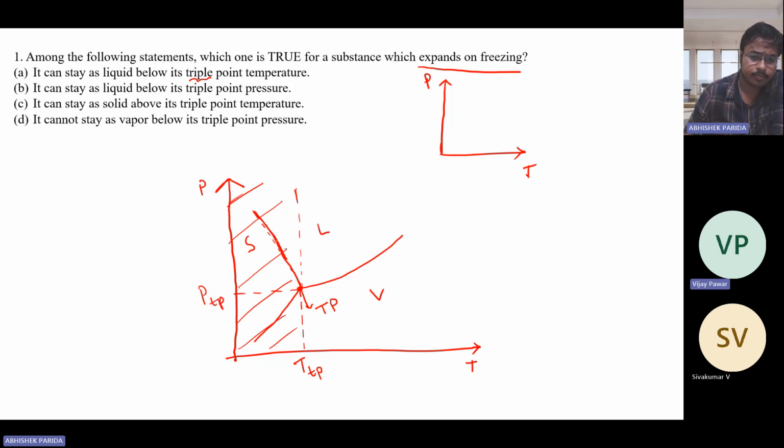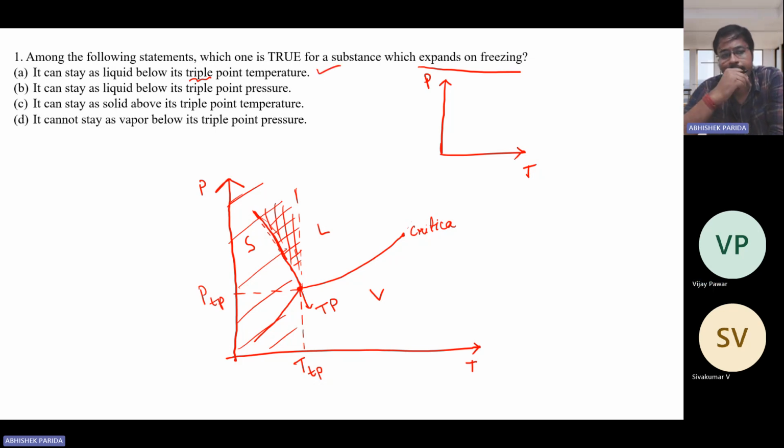Solid, solid. Hello, yeah, tell me. Solid phase, no? Below this line there is solid, but liquid is this whole region from here to here. This is the critical point. So is it existing here or not? This is the reason where below the critical temperature you can find liquid. Okay. So the first one is correct.